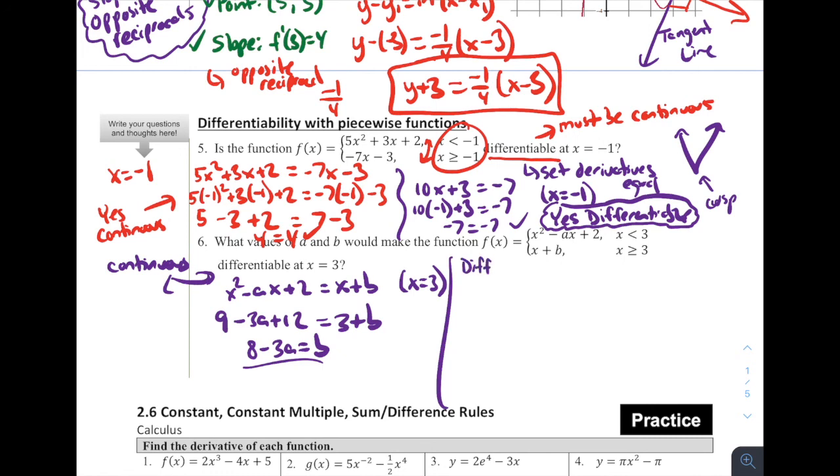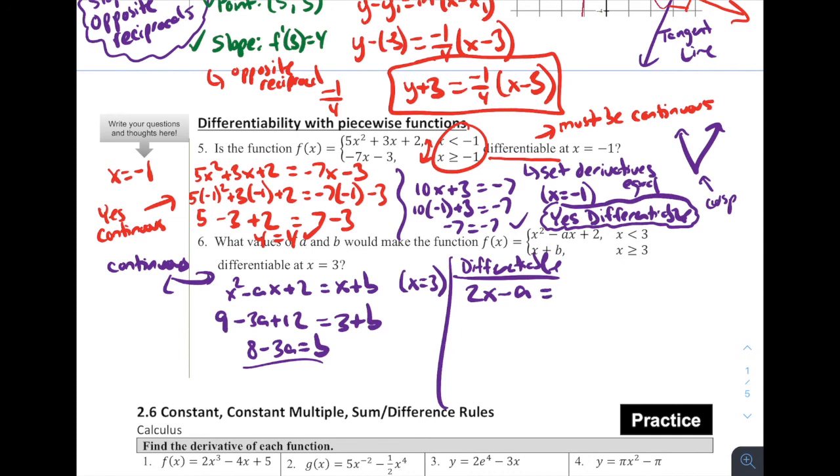So differentiable. Is this thing differentiable, or how do we make it differentiable? In that case, the derivative of each of these things would need to be the same. So the derivative of x squared minus ax plus 2 is going to be 2x minus whatever a is, because a is a constant, so the derivative of ax is just a, and the derivative of 2 is a constant, that's going to be 0.